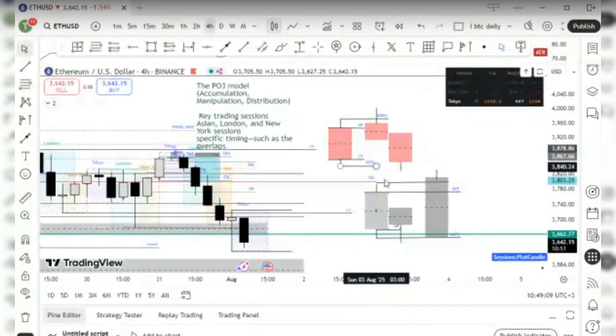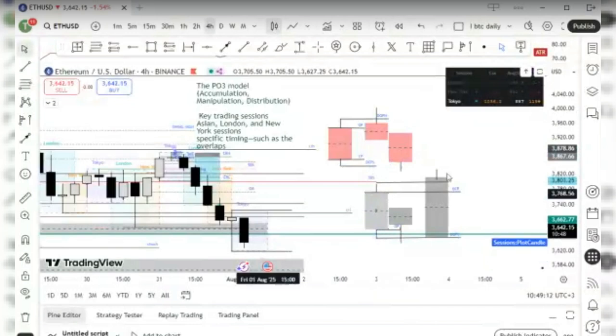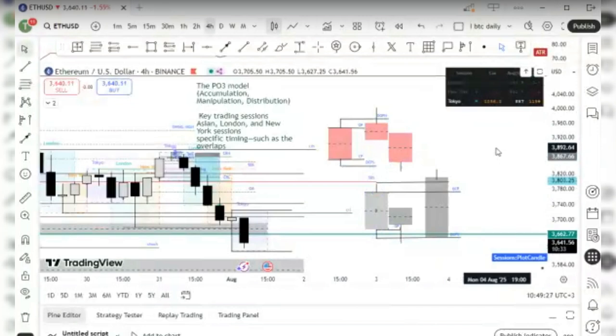Step number 2, observe the lower time frame action. So you switch to a lower time frame, for example the 15 minute chart, where you notice that the next candle grabs the low of the previous candle and then closes above it.